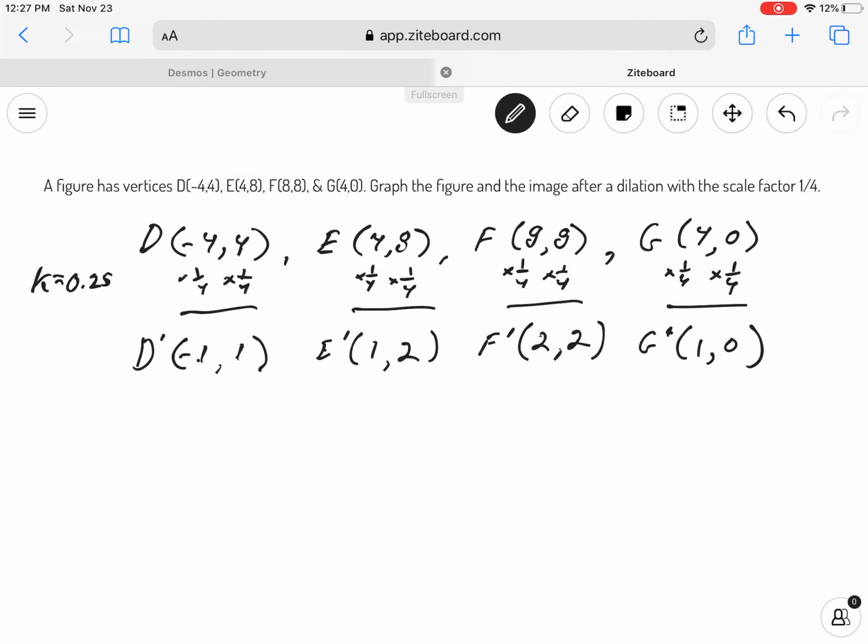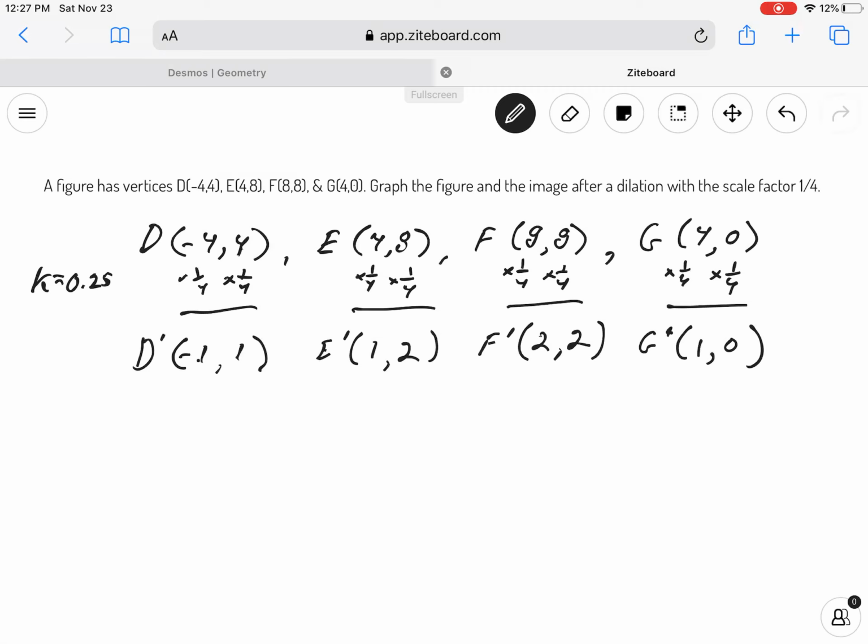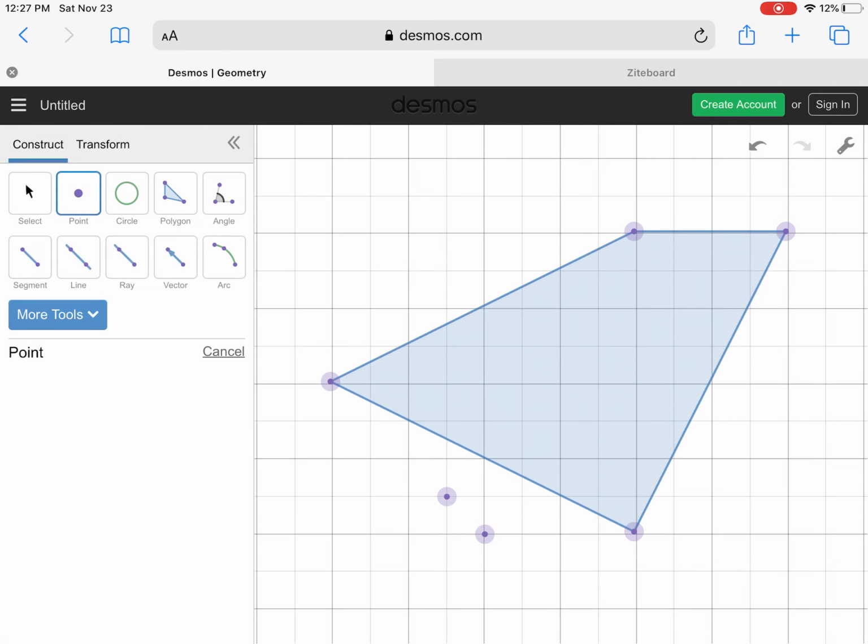So we said D prime was going to be -1 and 1. So that would be here. And my E prime is 1 and 2. So 1 and 2 would be up here.